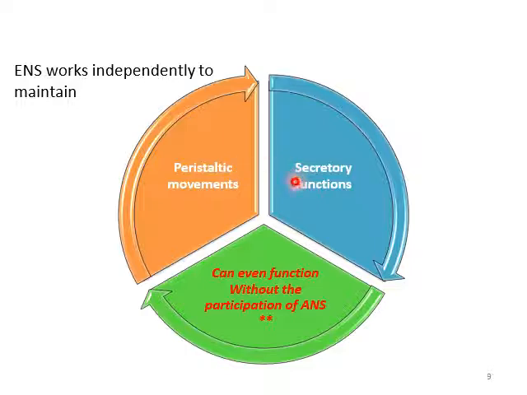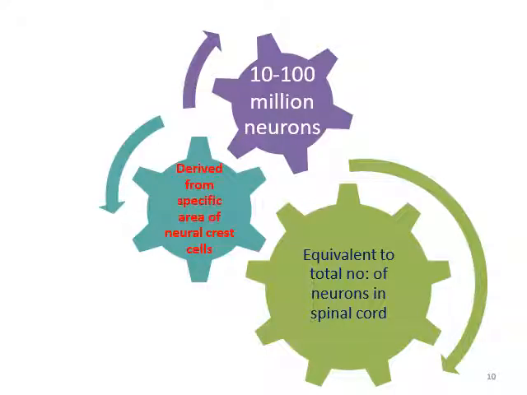Basic functions इसके ये हैं कि peristalsis करता है, active movement करता है, and then secretory functions, secretions of different neurotransmitters, different substances, and it can even function without the participation of the autonomic nervous system. Not necessary, ठीक है? It works on its own. Digestive processes would be occurring even if you sever the autonomic nervous system to the GI tract.